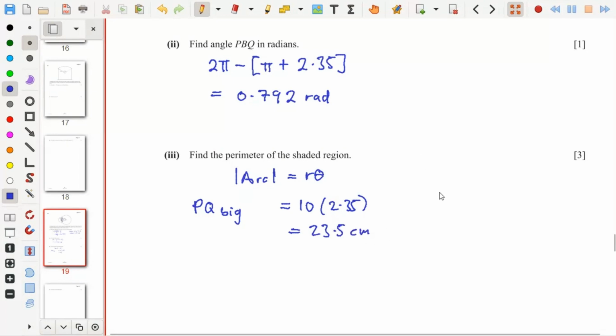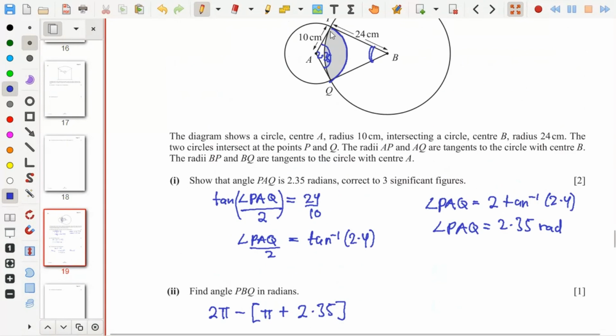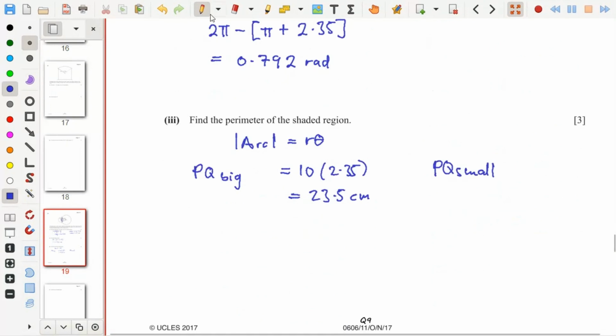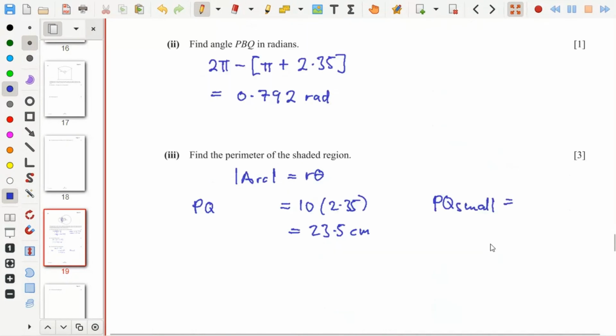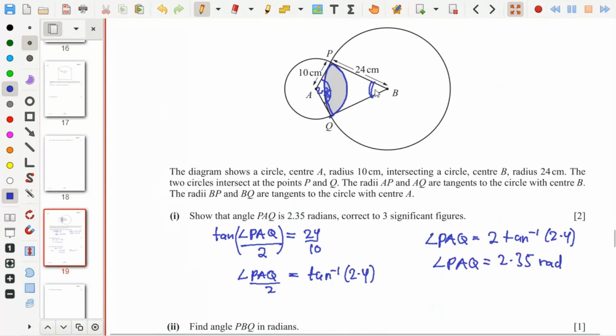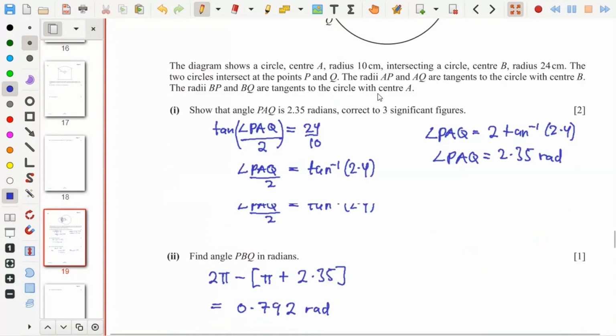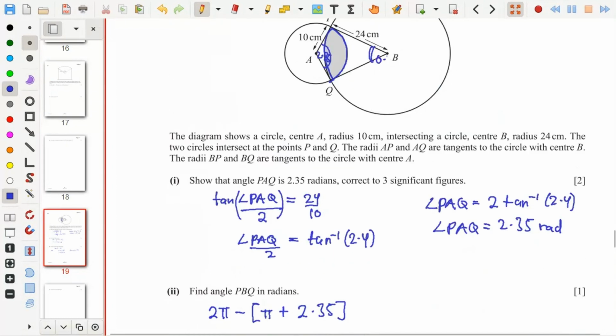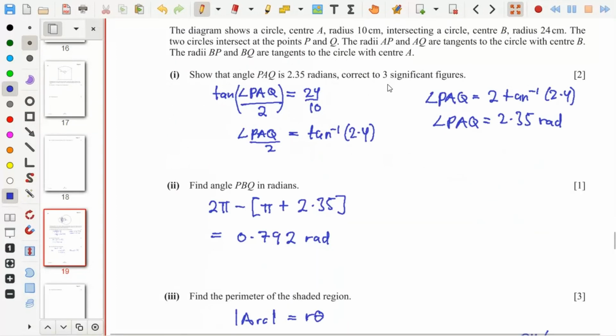Now the other one. I shouldn't call it small or big because I don't know. Unless I find the other one, I can't really conclude. The other one is 24. That's the radius. Then the angle. The angle here is, that's what we found, 0.792.